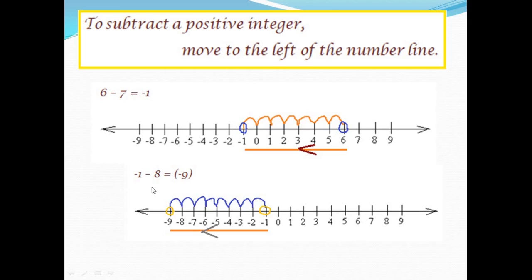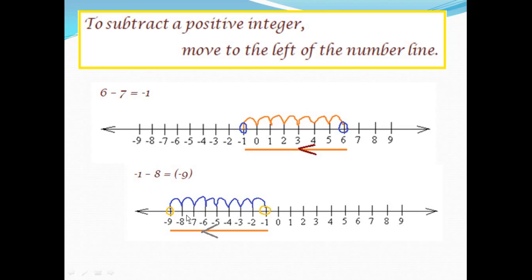Now, another example. Here, negative 1 minus 8. So, we are going to subtract the positive integer 8 from the negative integer negative 1.